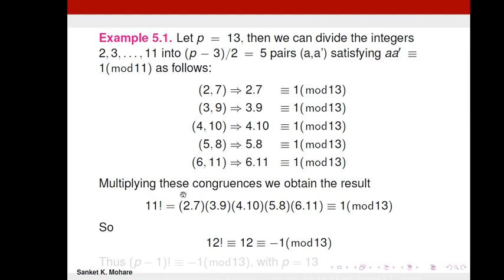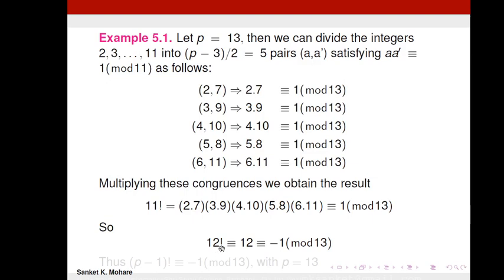Now if we multiply both sides of this congruence by 12, what do we get? 12 into 11 factorial is congruent to 12 modulo 13. So 12 into 11 factorial is 12 factorial, which is congruent to 12 modulo 13, but 12 is congruent to minus 1 modulo 13.